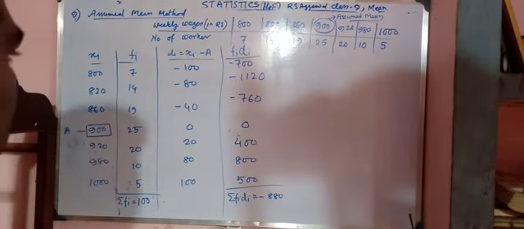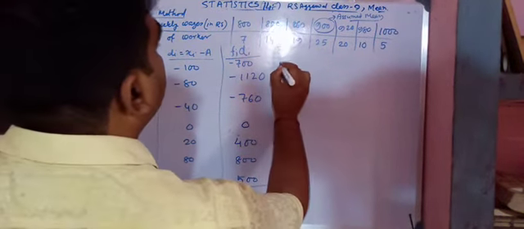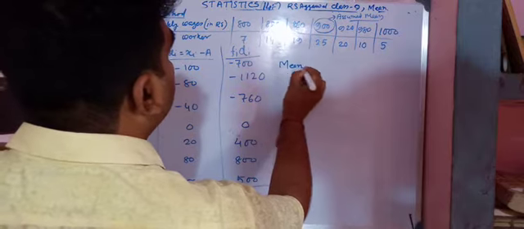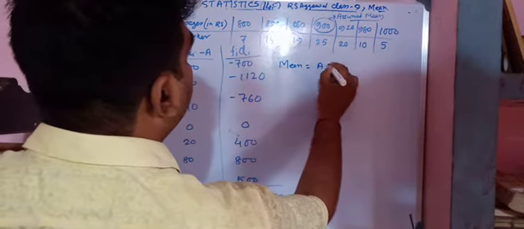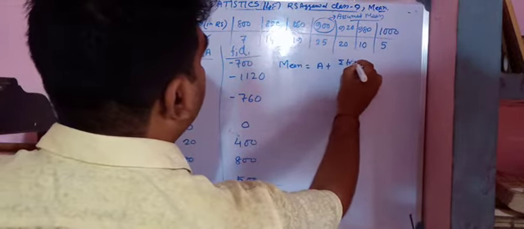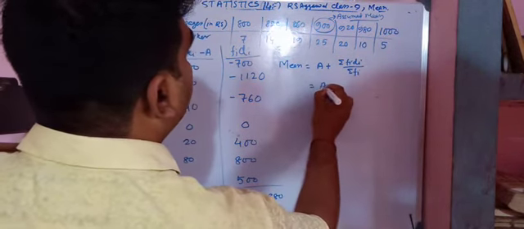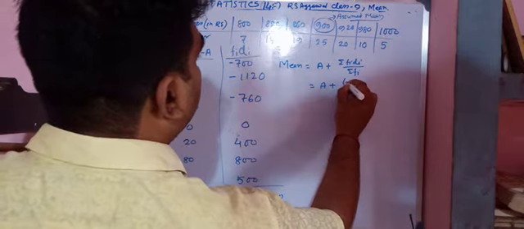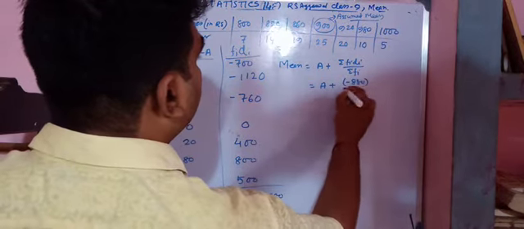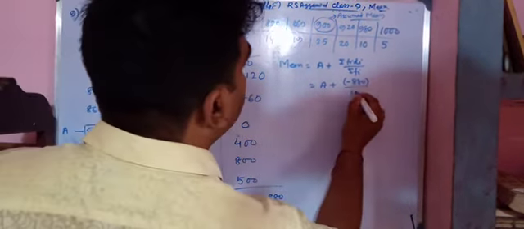Now mean is equal to a plus summation of fi di by summation of fi, that's equal to a plus (minus 880) divided by 100.